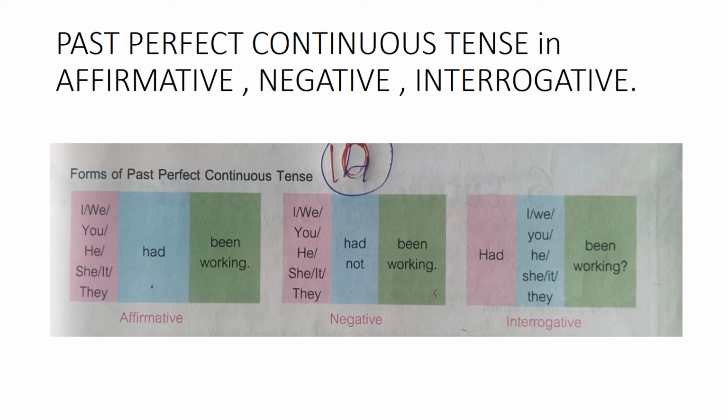For example, we had been visiting temples throughout our childhood. Negative: we had not been visiting temples throughout our childhood. Interrogative: had we been visiting temples throughout our childhood?